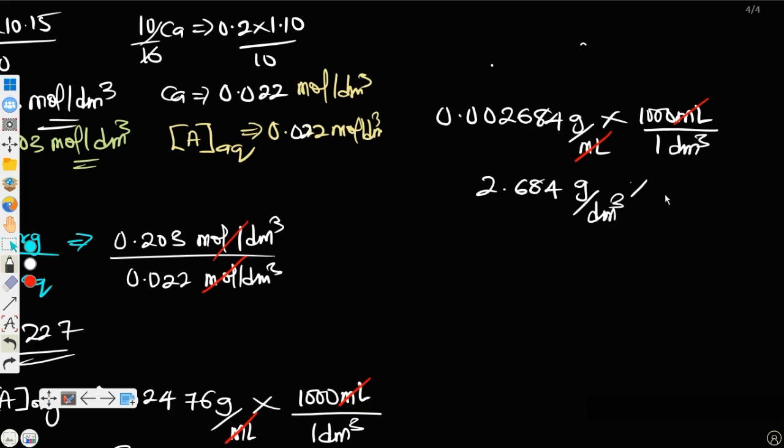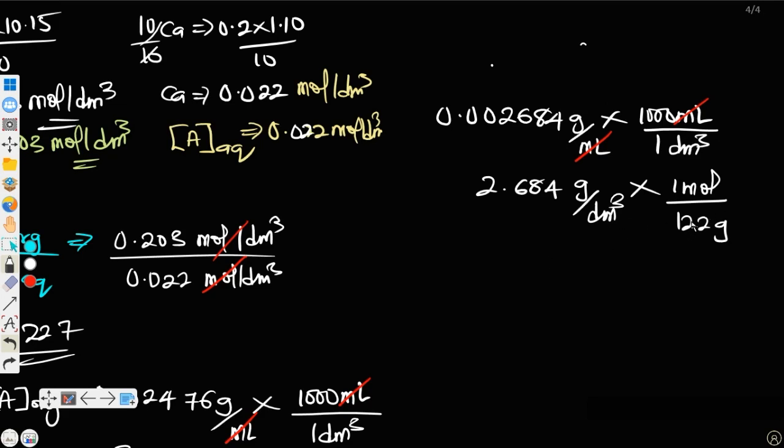Now to convert this gram per dm cube to mole per dm cube, you divide by the molar mass by saying that 1 mole of this contains 122 gram. That is the reason why molar mass is usually expressed as gram per mole. It means 122 gram is present in 1 mole.